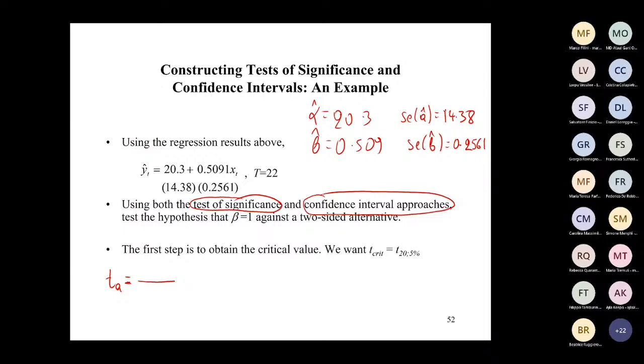For alpha, what is in the numerator? It is 20.3 divided by 14.38. Great. The same for the t-statistic of beta. So what is in the numerator? 0.591 divided by 0.2561.